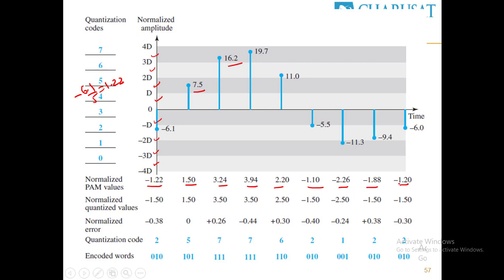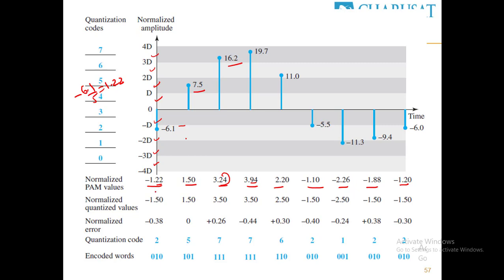Then, to further smooth out or reduce the number of these discrete values like 0.22, 0.50, 0.24, 0.94, we can perform a normalization process. What does that mean? If any point falls under a region, let's say minus 1.22 falls under this region, this region has values between 1 and 2, so we have to take the average of that.